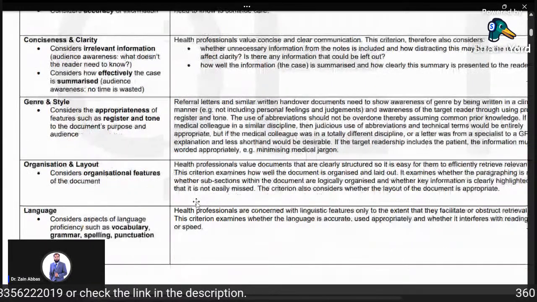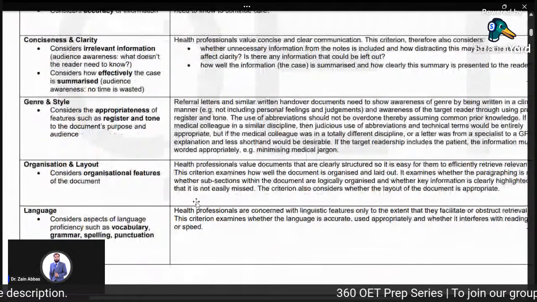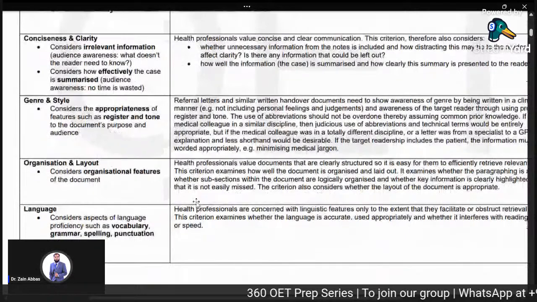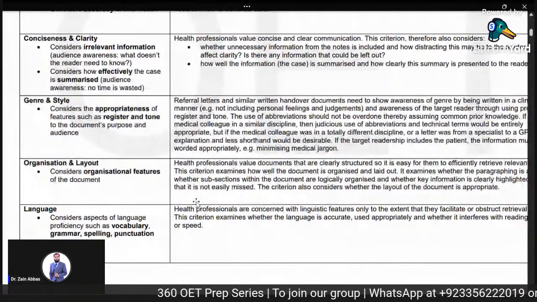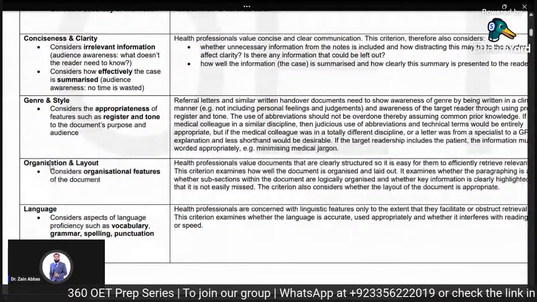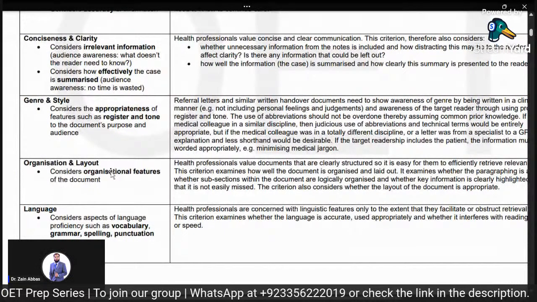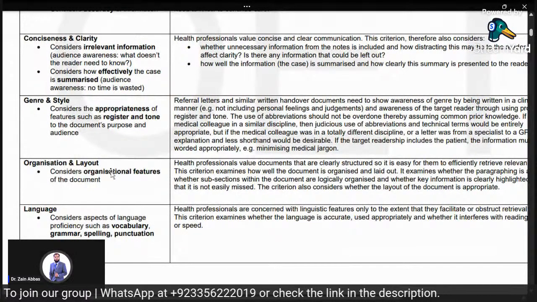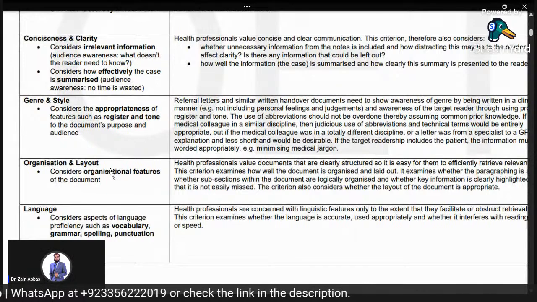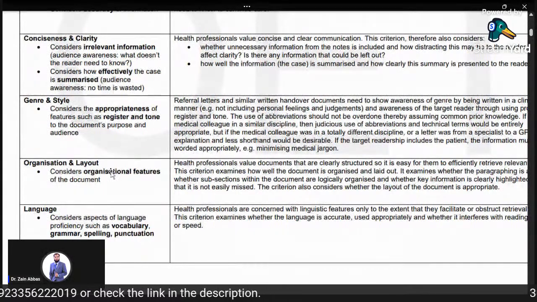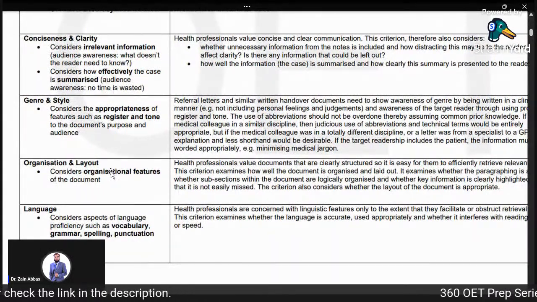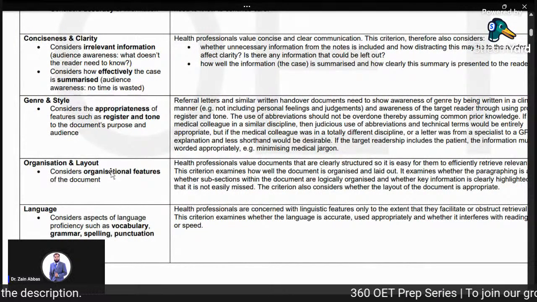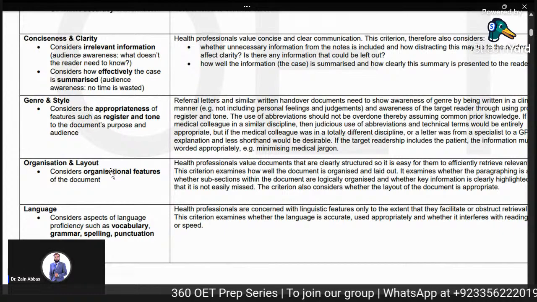The next important point is genre and style. Genre and style is actually an organization and layout subtitle, and there is an appropriateness for the whole letter. If you are writing a referral letter, your tone should be in line with the purpose of the assessment and management of your patient's care.